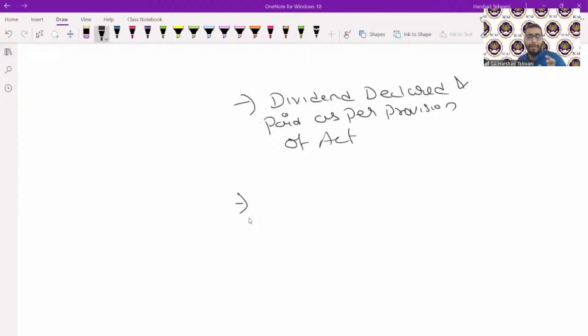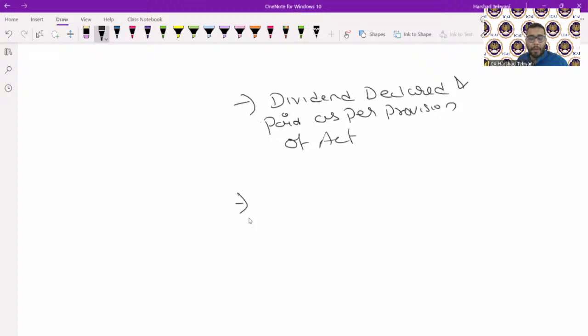Then the last point, and again this is very crucial considering from now, because this was also a part of the amendment: whether the company is using accounting software which has an audit trail, or a feature like an audit trail that cannot be tampered with or modified, and evidence can be preserved.